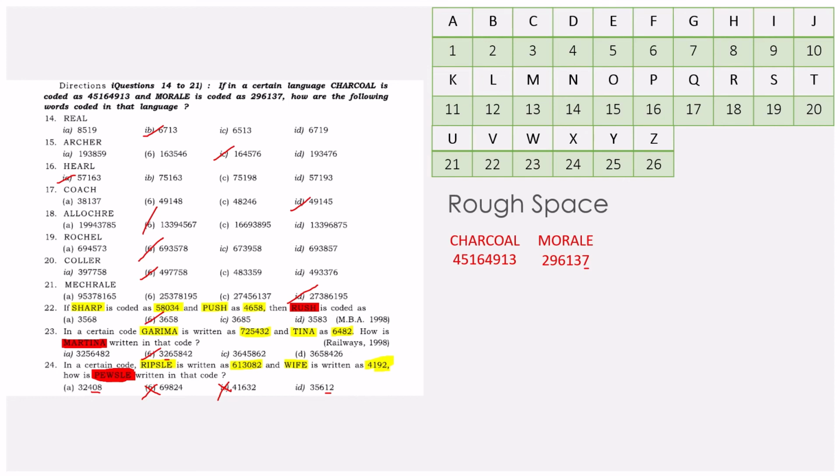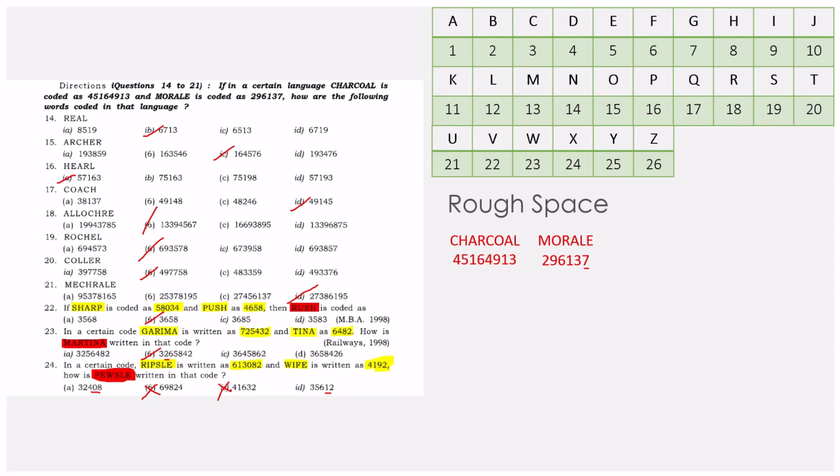Wait a second. So L would be 8. Okay. Here 0, 8 is not there in the last but one. 1 2 3 4 5 6. 1 2 3 4 5 in each option.